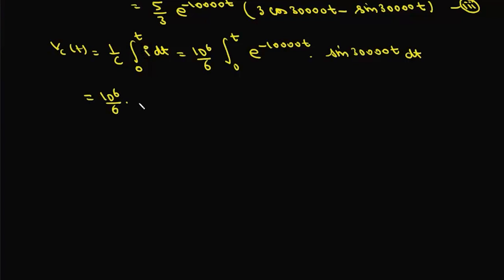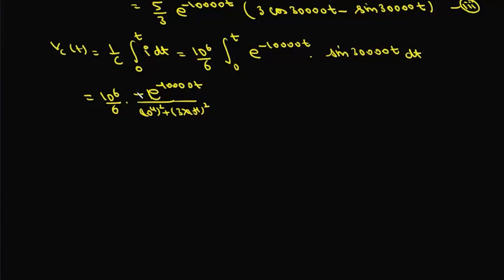Now this is 10 to the power 6 upon 6, and this is 1 upon a square plus b square. So there will be 10 to the power 4 square plus 3 into 10 to the power 4 square, and then e to the power ax. So there will be e to the power minus 10,000 t.